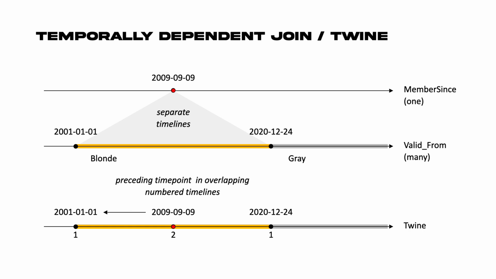For each number 2 type timeline, which is the member since, I'm just going to find the previous value, and I'm guaranteed that that previous value will be the interval of the color of hair that we're in at the moment. So this sort of twists the whole idea of doing a join into something else.